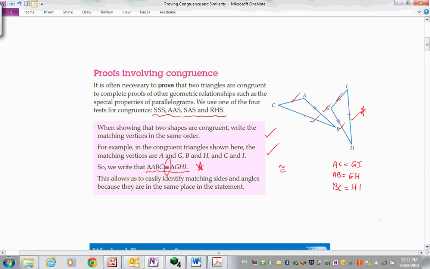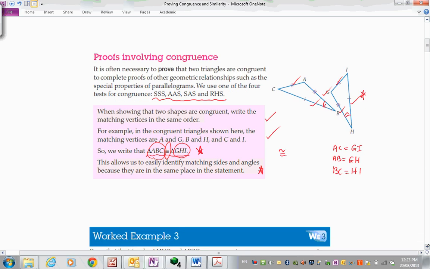And once we've said that, of course we can say the angles would match up as well. They're identical. So angle ABC will equal angle GHI. So that angle in there would equal that angle in there. Quite powerful if you have some missing information in one of the triangles and you match it to another equivalent triangle, and find that bit of information.